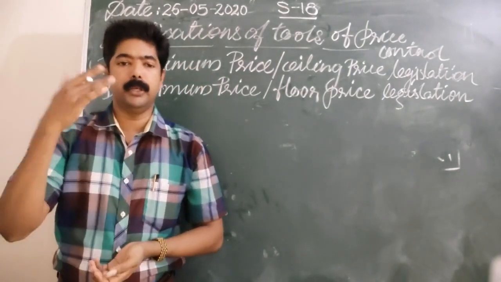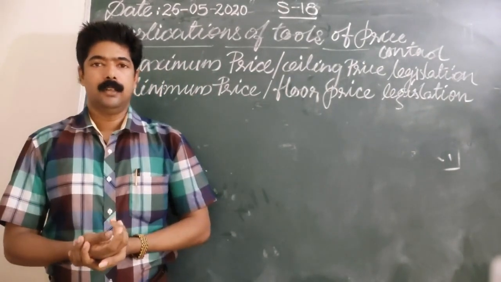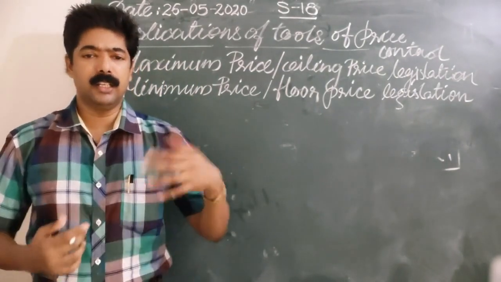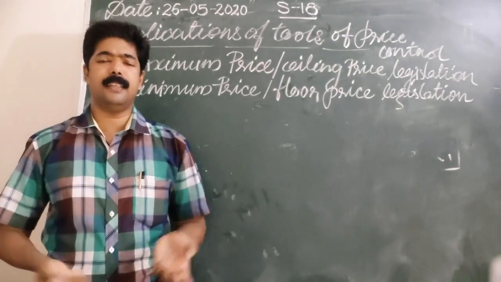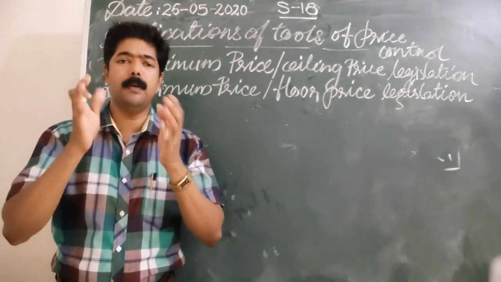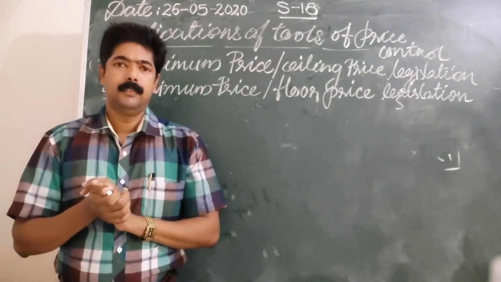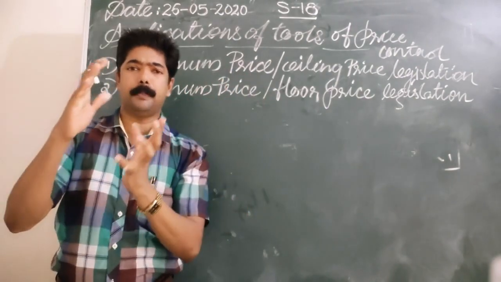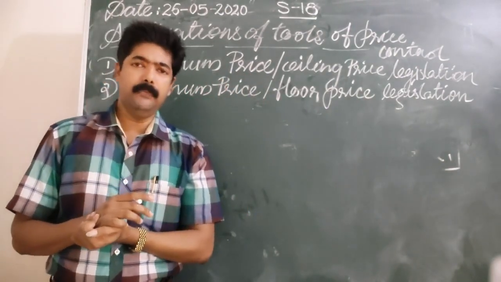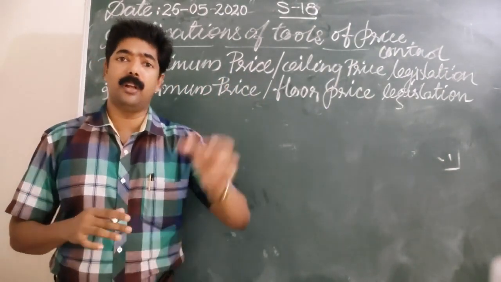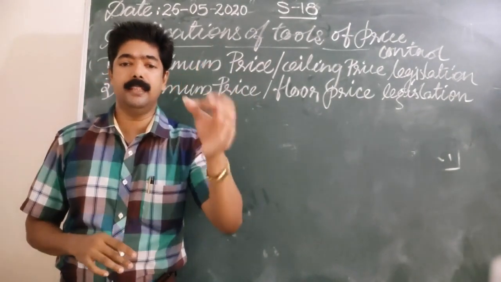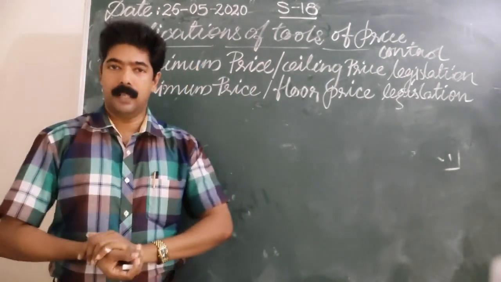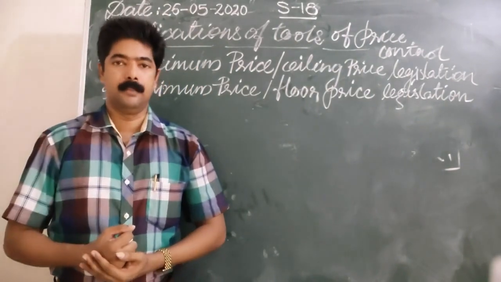It is the government's duty and right. Why does government interfere and fix the maximum price? In order to freeze the price of that particular commodity. It is the right of the government.